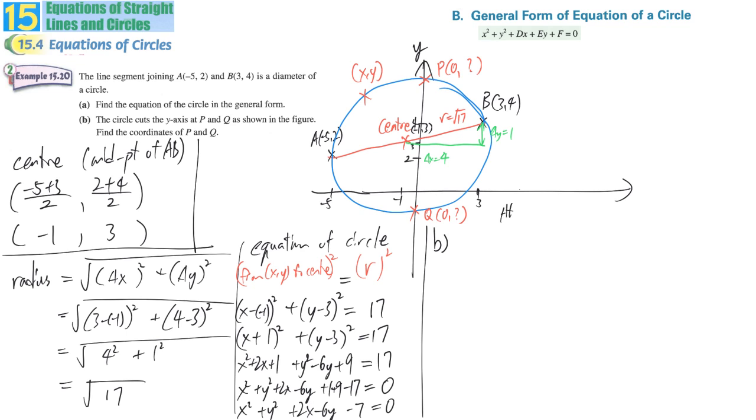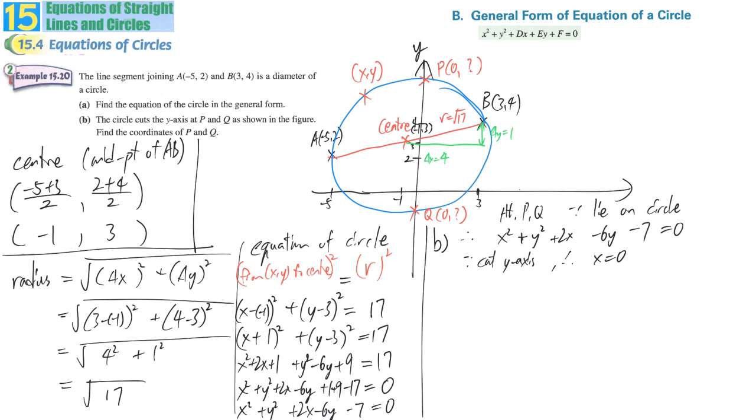So first, at P and Q, since they lie on the circle, therefore x squared plus y squared plus 2x minus 6y minus 7 should equal 0. And at this time, we are talking about cutting the y-axis. Since they cut the y-axis, we know that x is equal to 0.